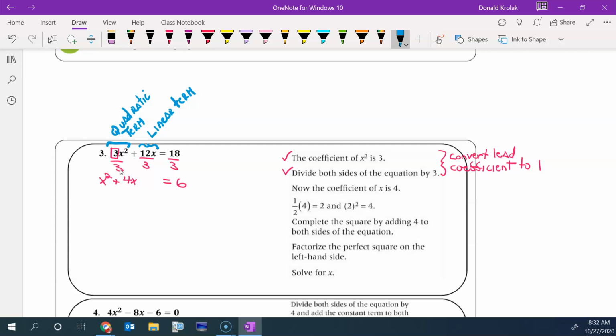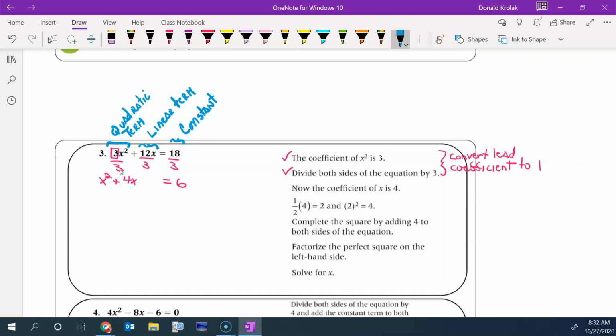And the term that has no variable on it is known as your constant. Now the values of A, B, and C are just the coefficients.